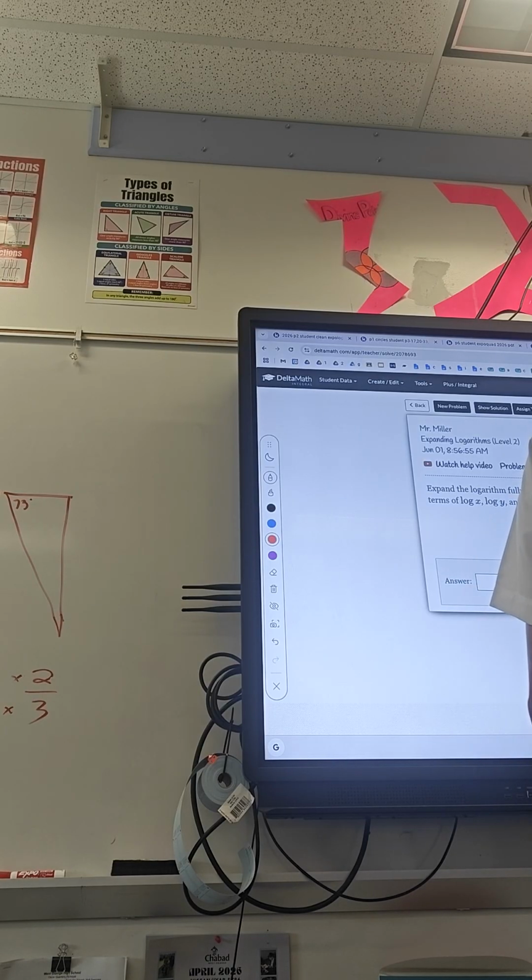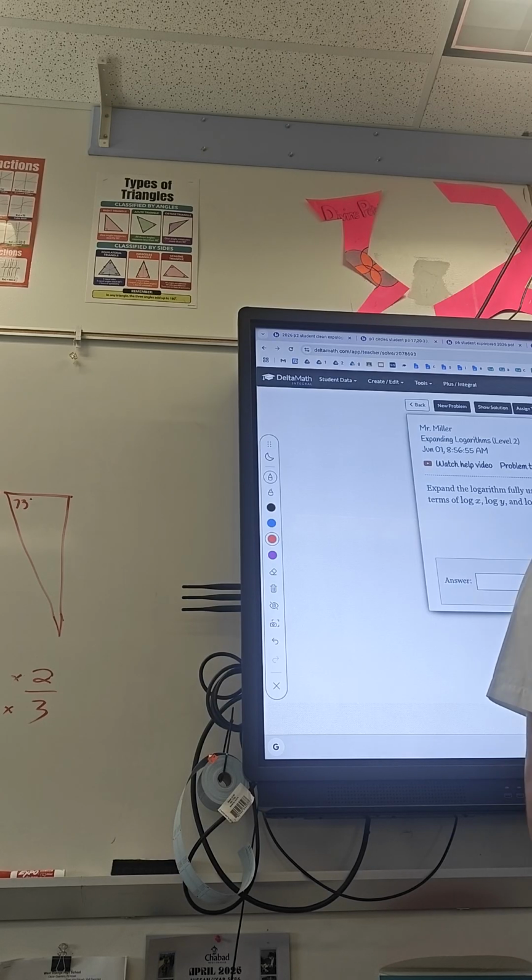Both of these, this one we're going to make into a fraction. So this is going to become log z to the 4/3. I basically just made this, the 3rd root of z to the 4th, you can write it this way also.